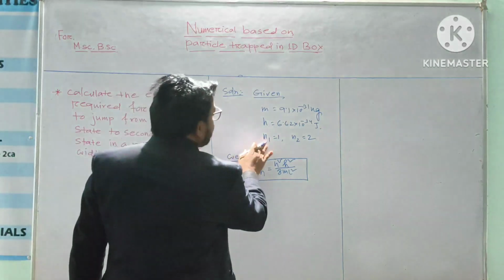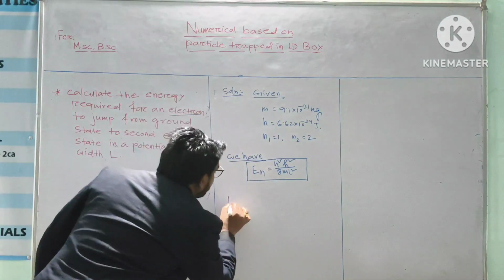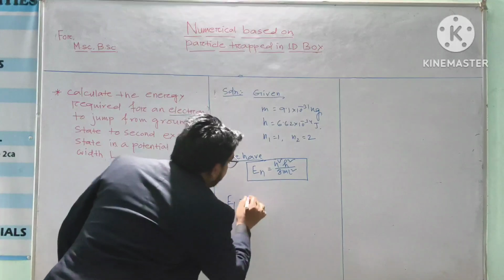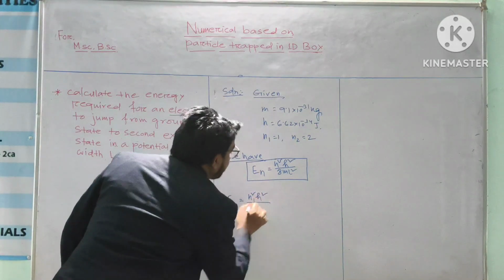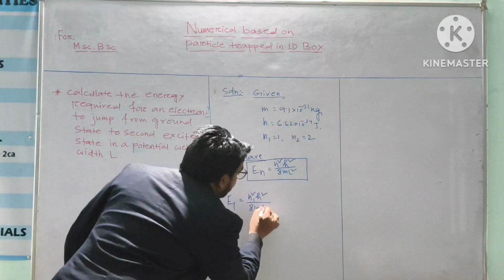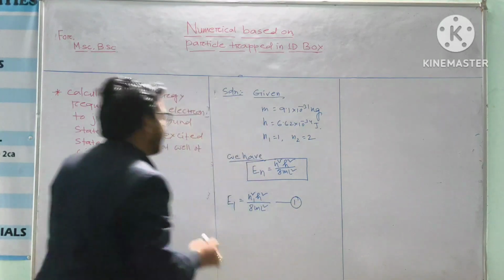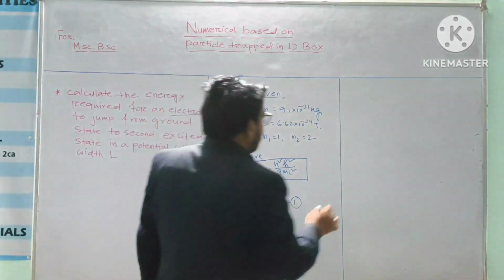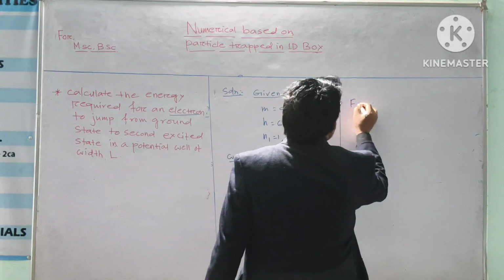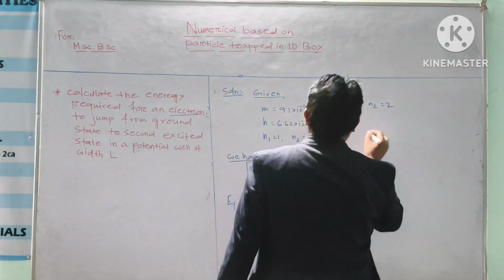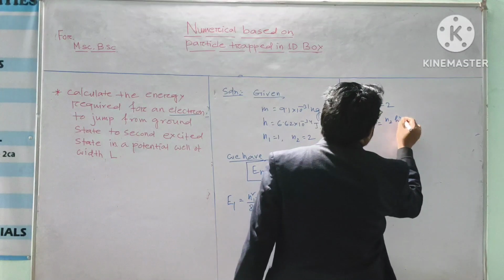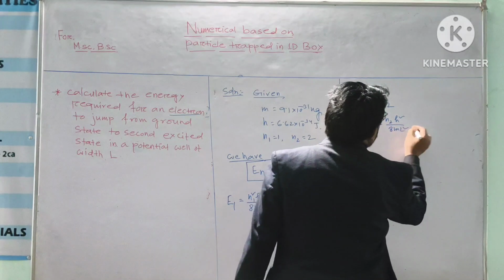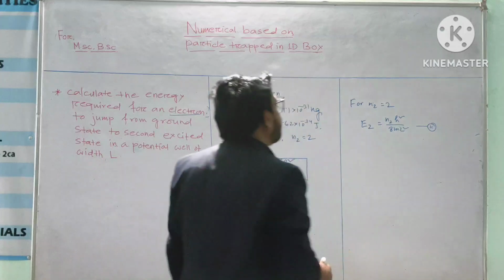For ground state n equals 1, we can write E1 equals n1 square h square divided by 8m L square. Suppose this is equation number 1. Again for the first excited state, n2 equals 2, we can write E2 equals n2 square h square divided by 8m L square. Suppose this is our equation number 2.